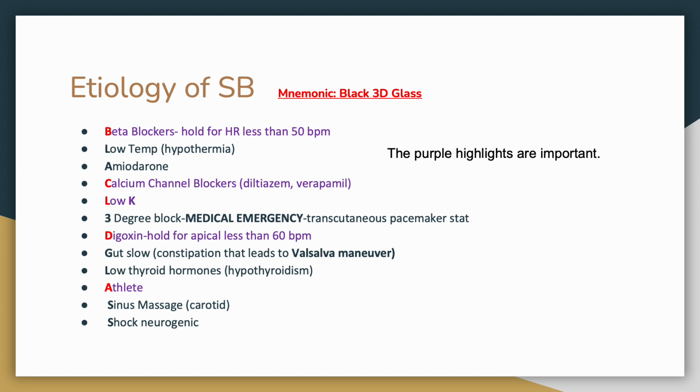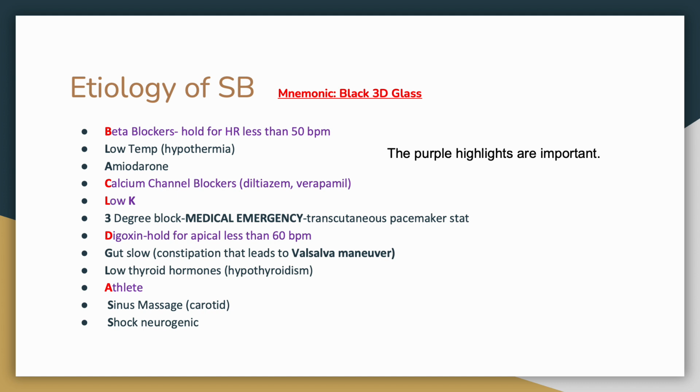You already know beta blockers. We hold for a heart rate less than 50. A lot of times we give a beta blocker to slow the heart rate, okay? So it could cause a slow heart rate. Calcium channel blockers, very same thing, can cause a slow heart rate. Potassium, you already learned about this. It can cause a low heart rate. Digoxin, right? It can cause a slow heart rate.